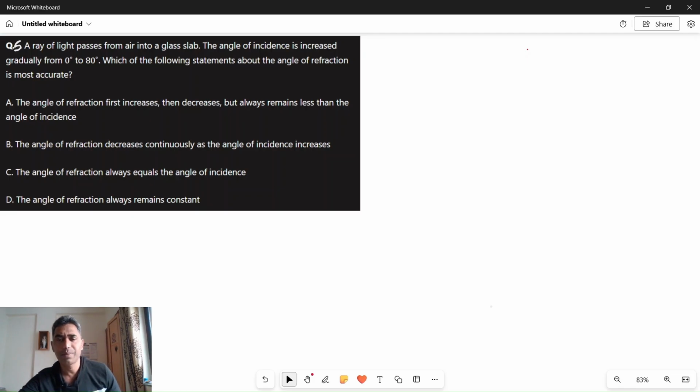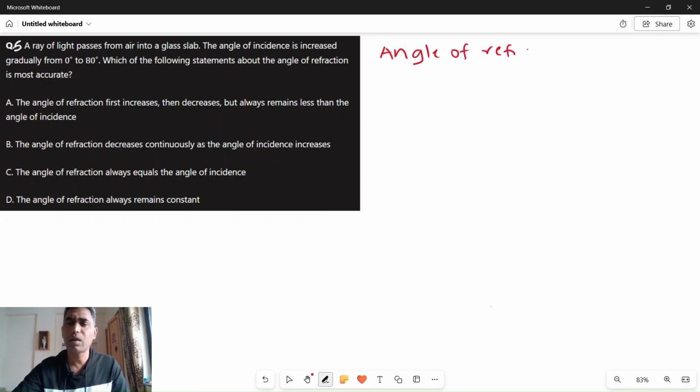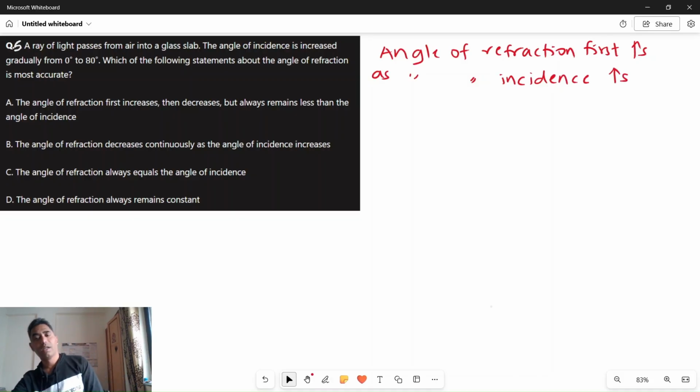See, what will happen? The angle of refraction will first increase as angle of incidence increases, right? After that, what happens? It will reach a limiting value.